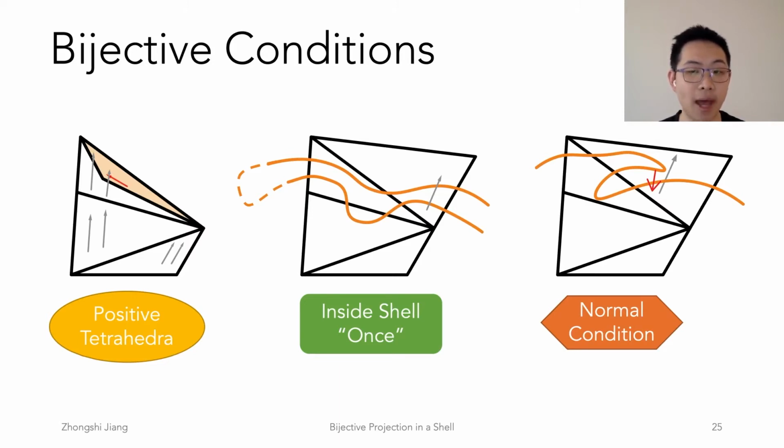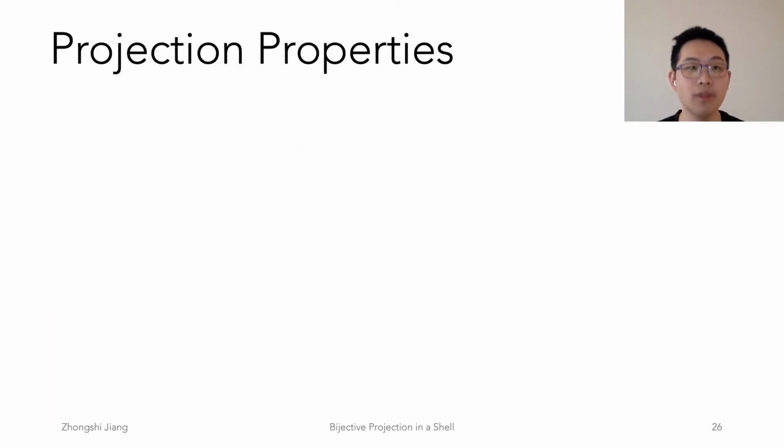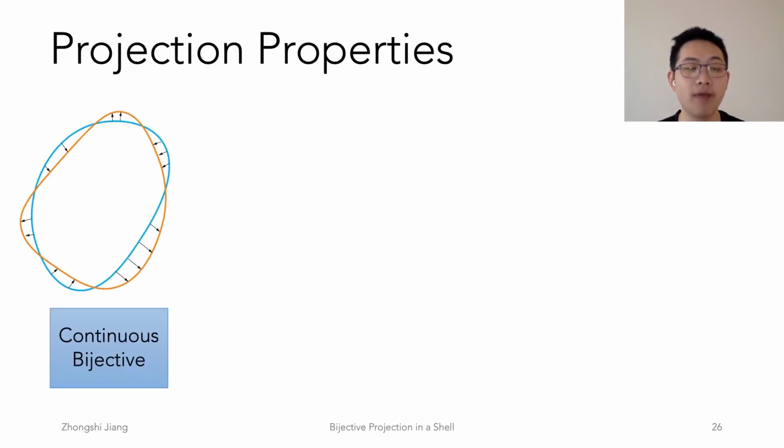We prevent this from happening with one simple local condition on the normal of the triangle mesh. Namely, we ask that the vector field direction and triangle normal form an acute angle. In other words, their dot product will be positive. With this condition satisfied, we're able to show that we finally arrive at a mapping that is continuous and bijective.